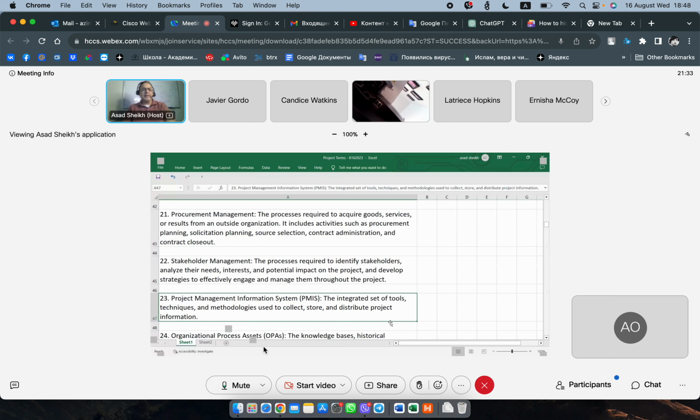Project management information system. So project managers have a tool. They have a tool which they use to create their schedule. They have a tool which allows them to store information like the team site. That could be the PMI system, but not by itself, but in addition to a place where you can put the documents, you also need a place where you can go and create your schedule.